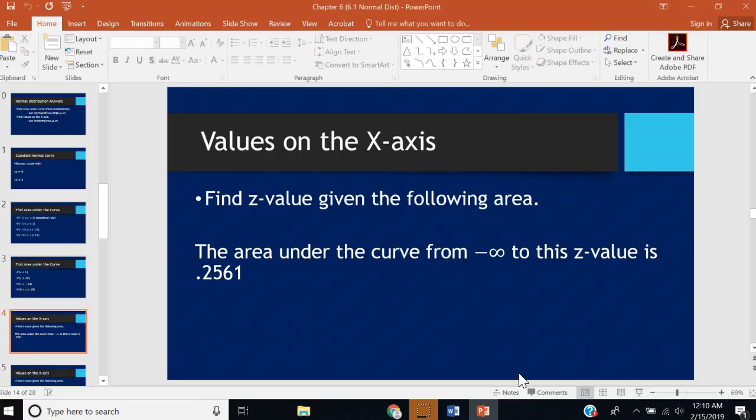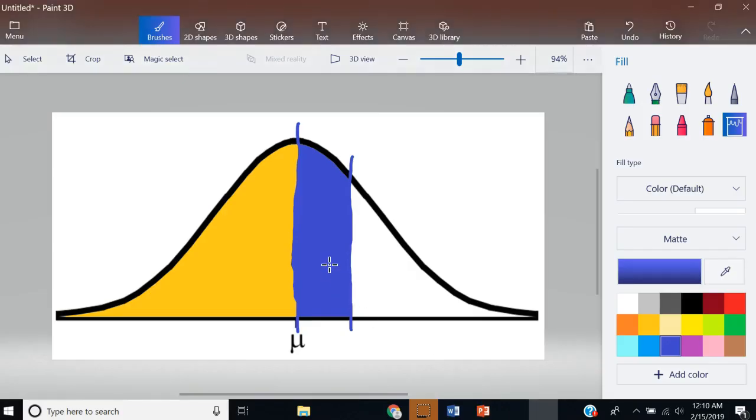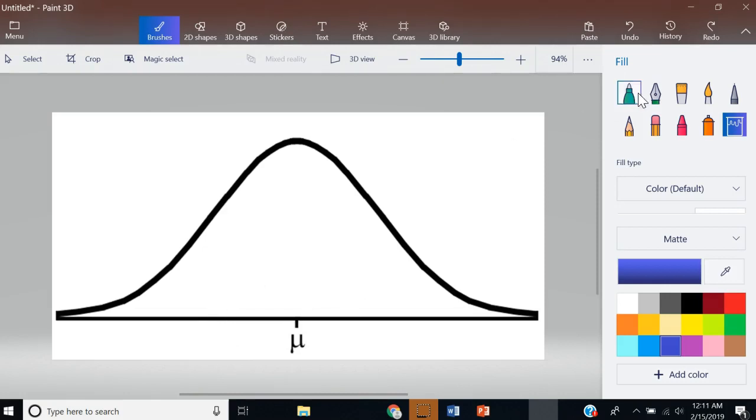So 0.2561. Let's look at this normal curve. So what is it telling me? It's saying that there's some z value down here. Let me just try to, again, create this with a marker here.